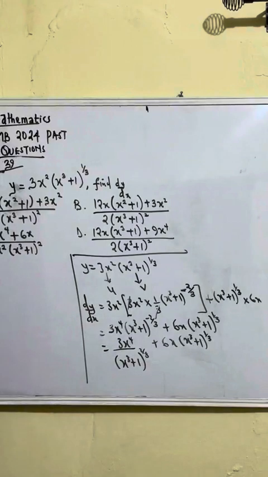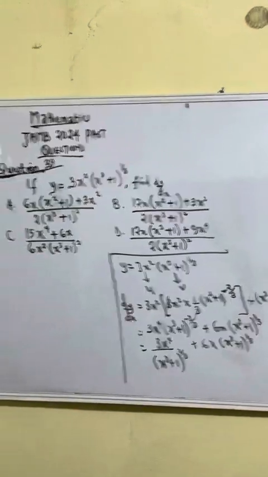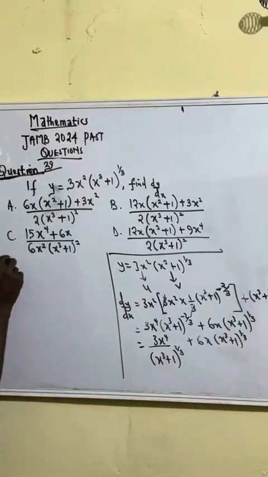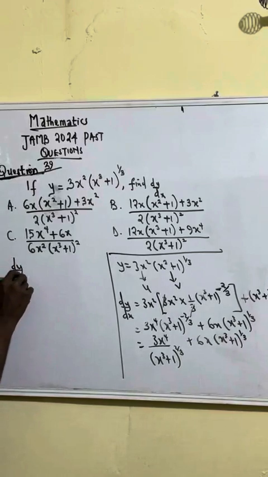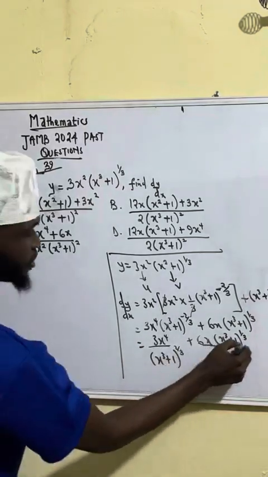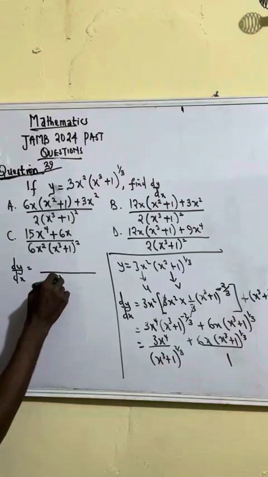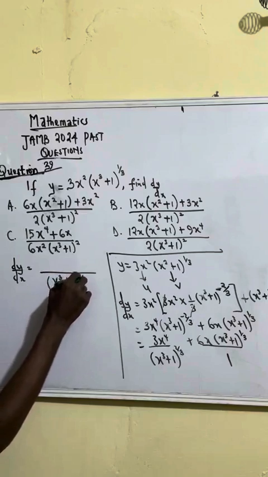Okay, so let's go. If I take the LCM, dy/dx will be equal to, the LCM will be (x cubed plus 1) raised to the power of 2 over 3.